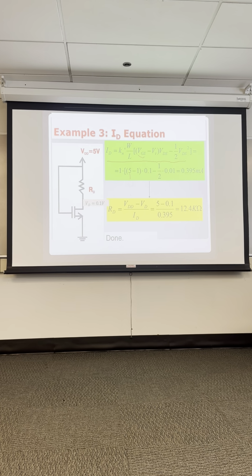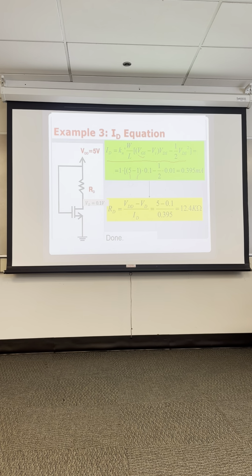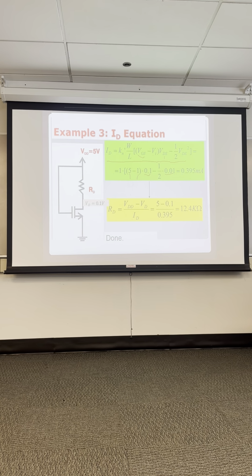The threshold is 1 volt, because we have this number. The drain voltage was given as 0.1 volts, so the drain to source is 0.1 minus 0, that's equal to 0.1. Then minus 1/2 times the 0.1 squared, and that gives 0.01. And we come to not having to use a quadratic equation. The drain current is 0.395 milliamperes.